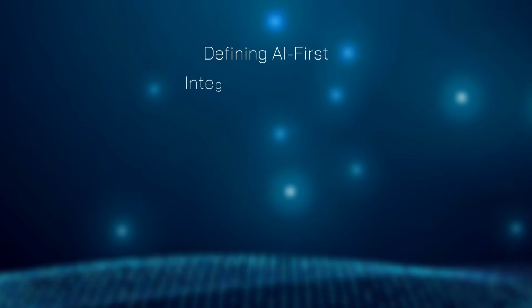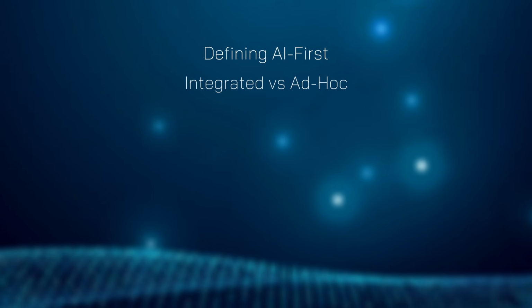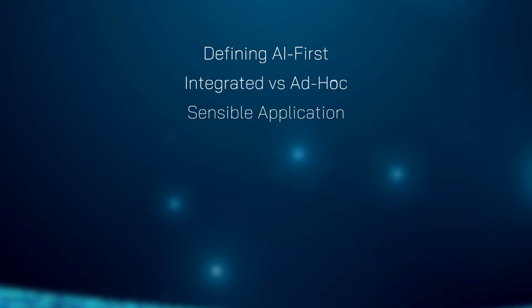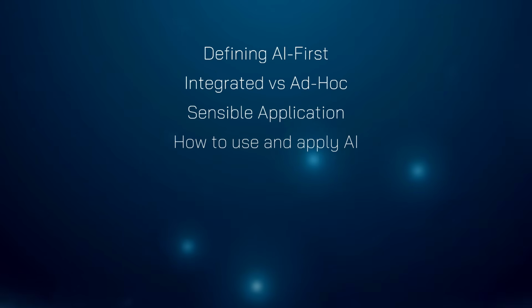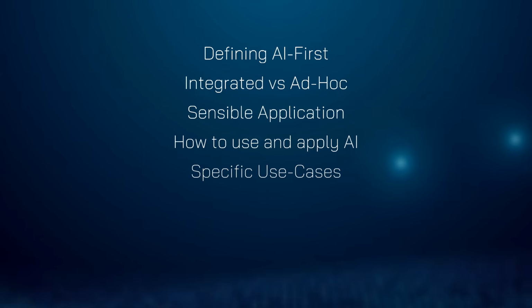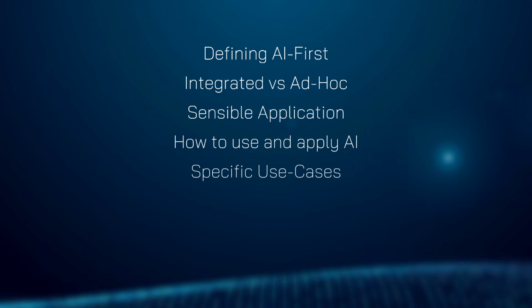This video is really just going to be all about giving you a practical definition of what I mean by AI first and using an integrated approach to adopting AI versus an ad hoc approach, where it makes sense to apply AI and where it doesn't, different ways to use and apply AI that can be through chatbots, software, or automations, and specific use cases and operational applications of AI.